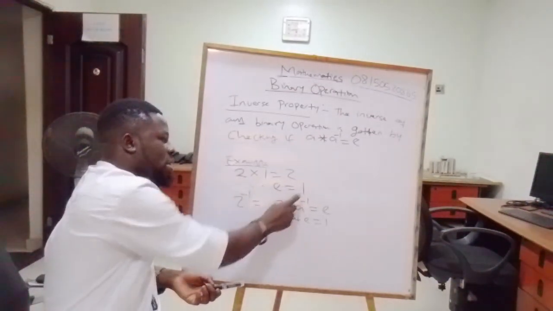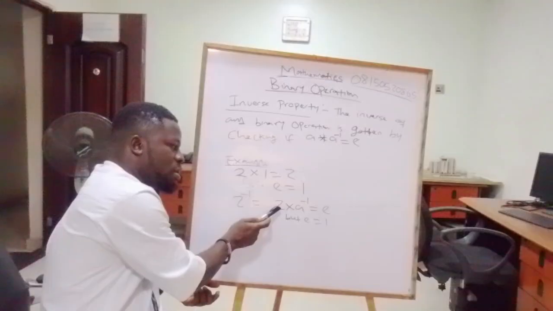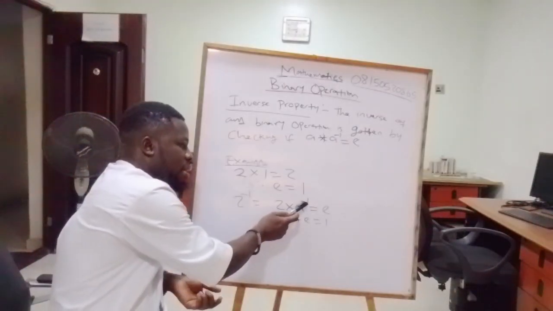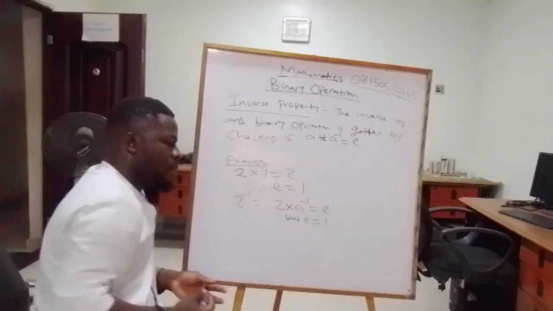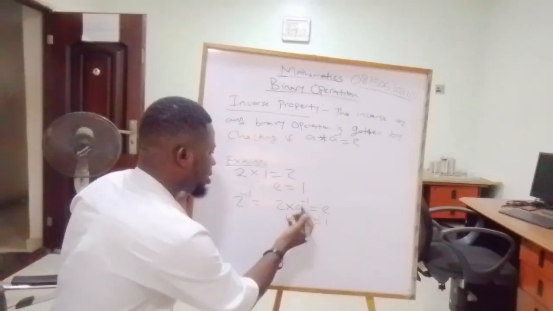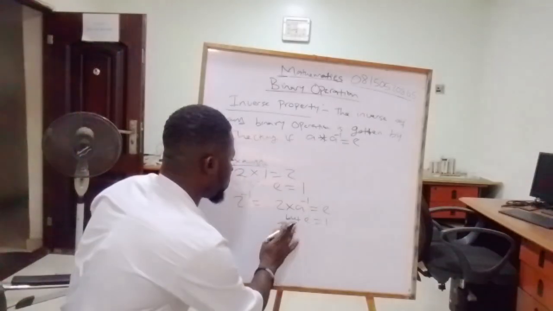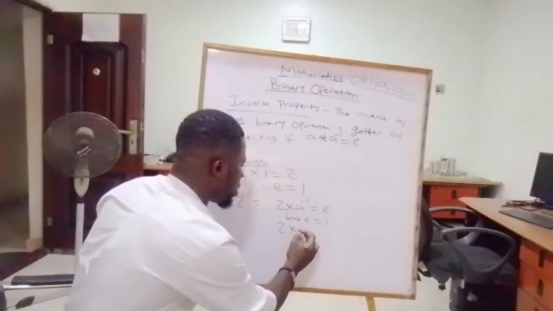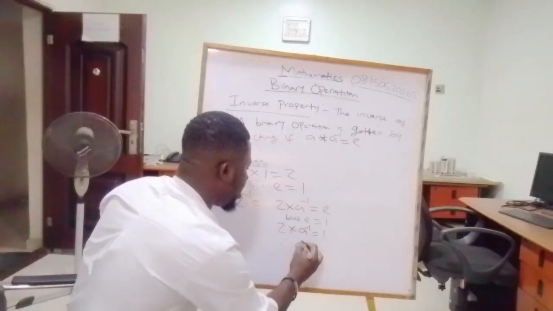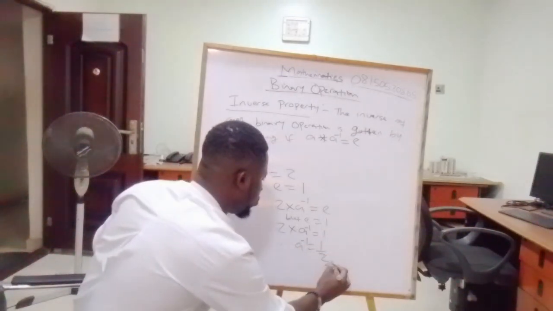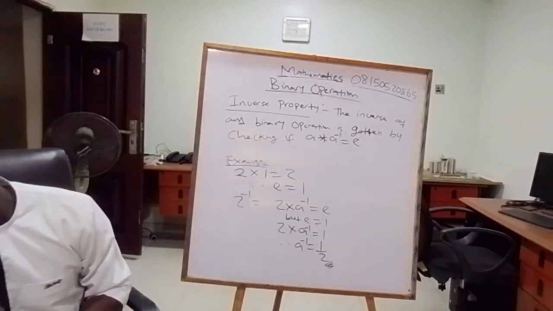That number will now be your E. Now to get the inverse of this number, you know that 2 operation its inverse is meant to be equal to E. What's the E under this operation? The answer is 1. So we now say 2 times A inverse is equal to what? 1. Therefore, A inverse is equal to 1/2.